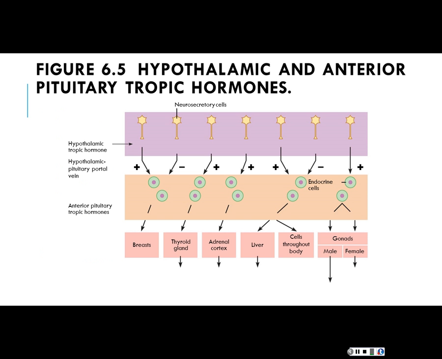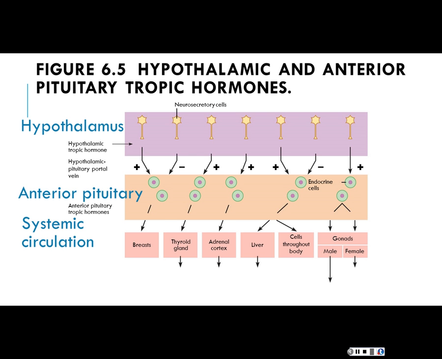The hypothalamus releases way more than just TRH to cause the anterior pituitary to release TSH. The relationship is that the hypothalamus produces how many neurohormones? Seven neurohormones that go into the portal vein to target the anterior pituitary to release how many hormones?